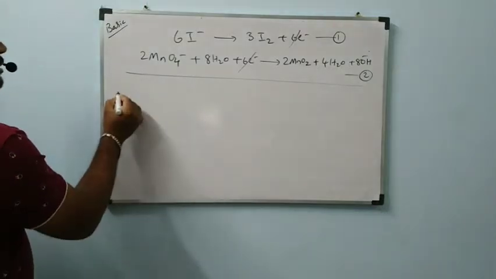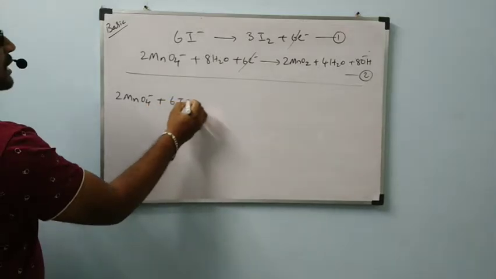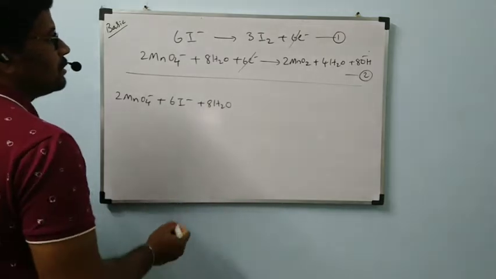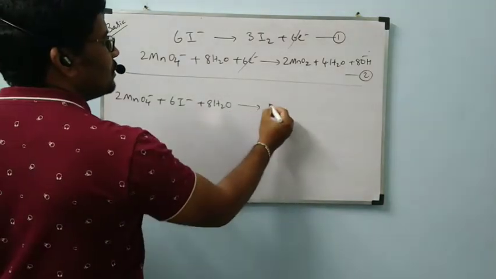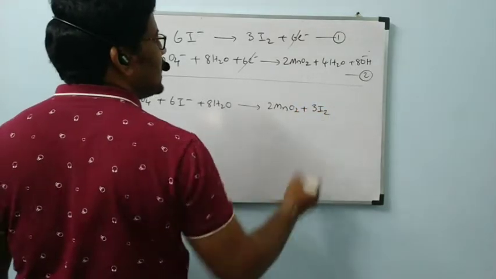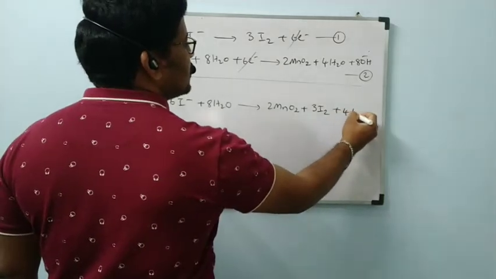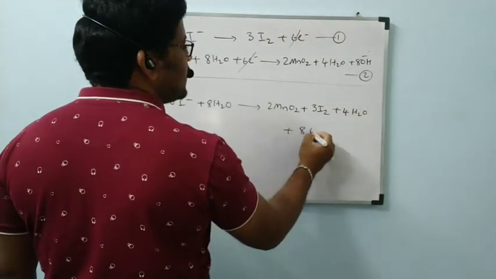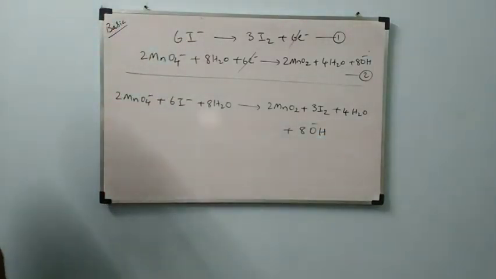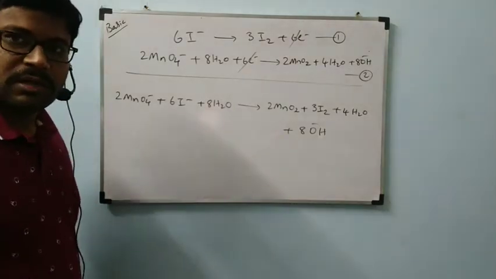Now 2 MnO4 minus plus 6I minus plus 8H2O on the left side gives rise to 2 MnO2 plus 3I2 plus 4H2O plus 8OH minus. After writing the final equation, we have water molecules common, so we can reduce those water molecules also.